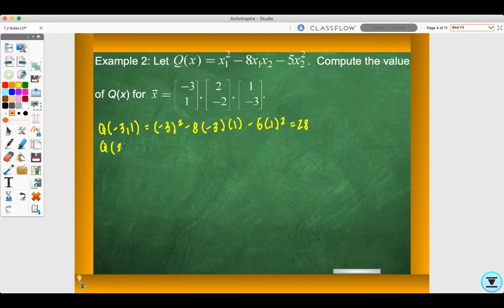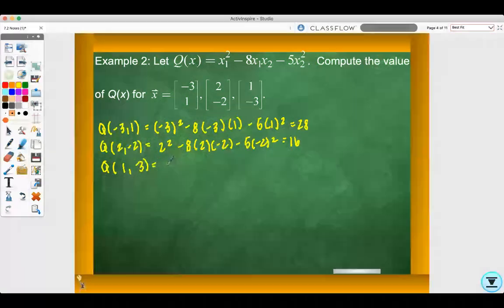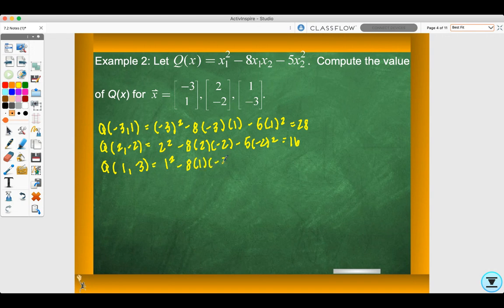Q of 2, negative 2 equals 2 squared minus 8 times 2 times negative 2 minus 5 times negative 2 squared, which equals 16. And q of 1, negative 3 would be 1 squared minus 8 times 1 times negative 3 minus 5 times negative 3 squared, which gives me negative 20.